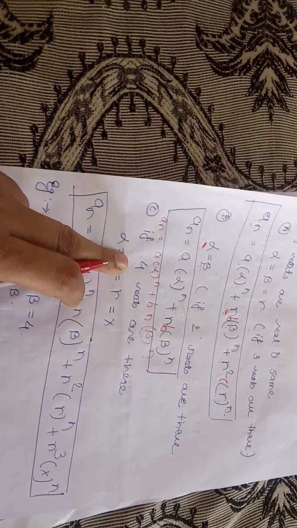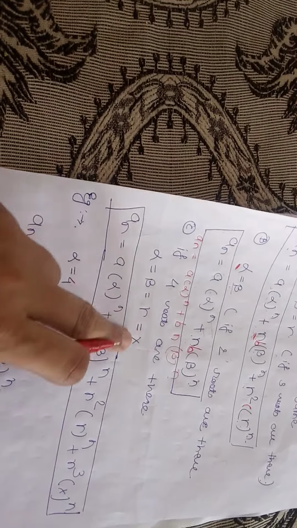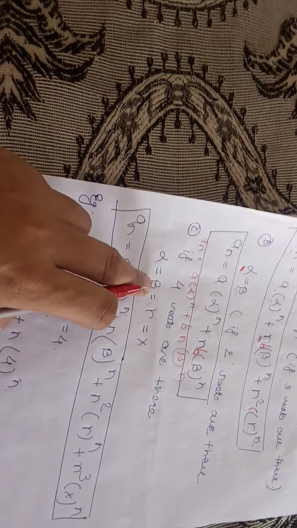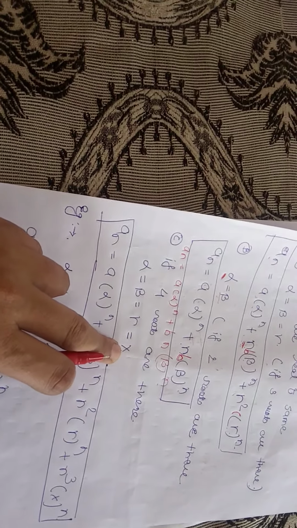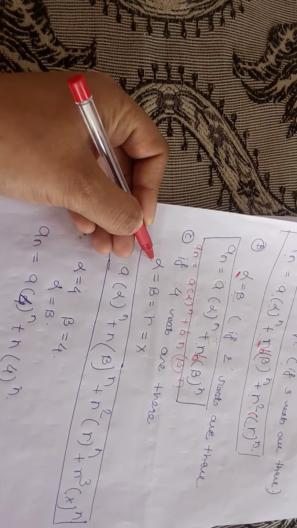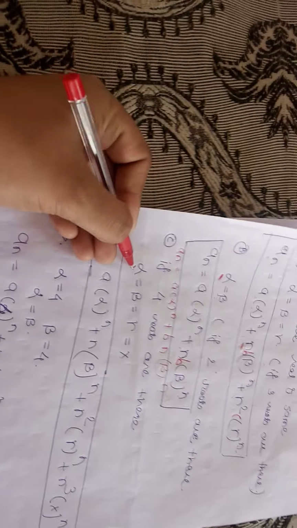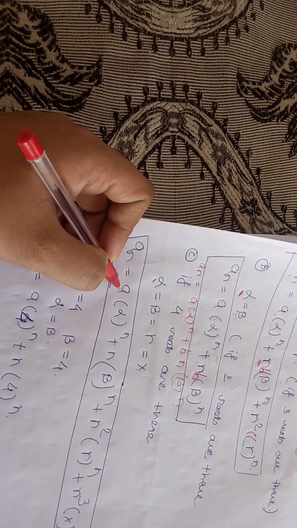Now if I have four roots and all four roots are equal, alpha value is equal to beta value is equal to gamma value is equal to x. Fine. So what can be my resultant equation? Which is the first value? This one. So this first value cannot be multiplied by n.